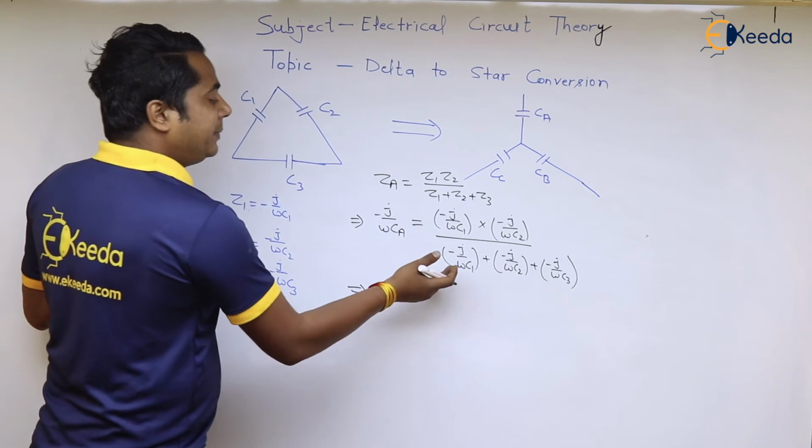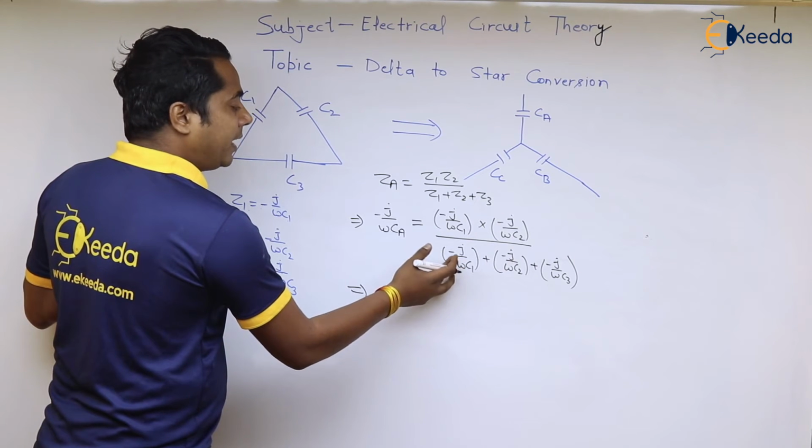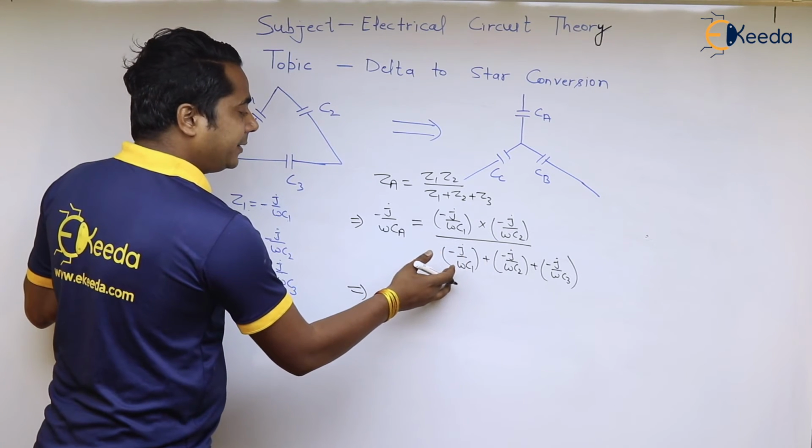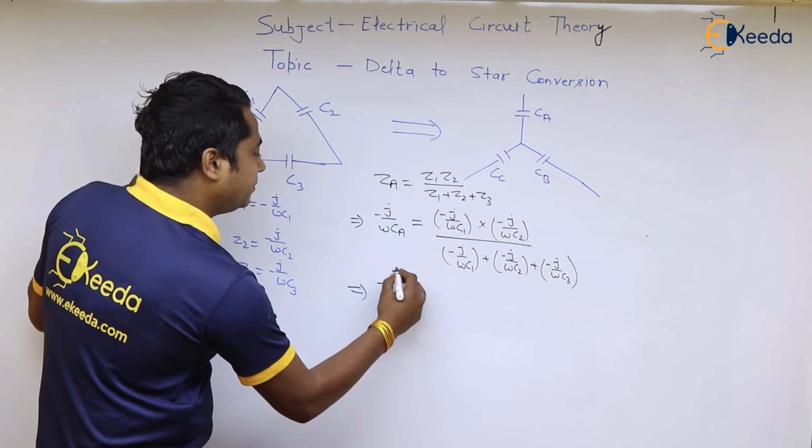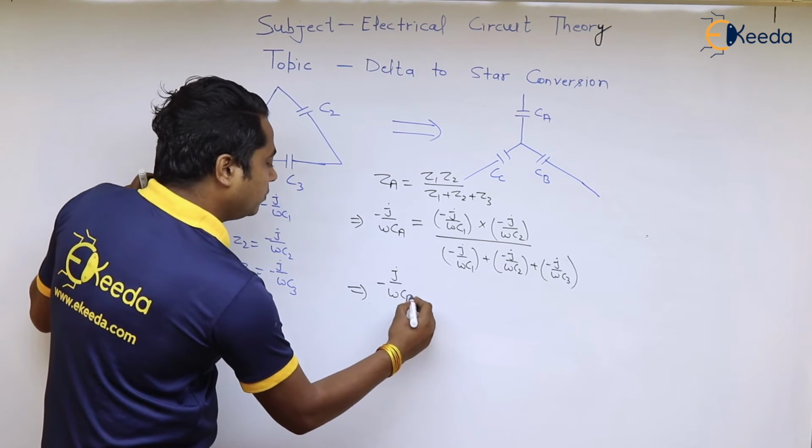Next we will be taking common minus j upon omega from here.